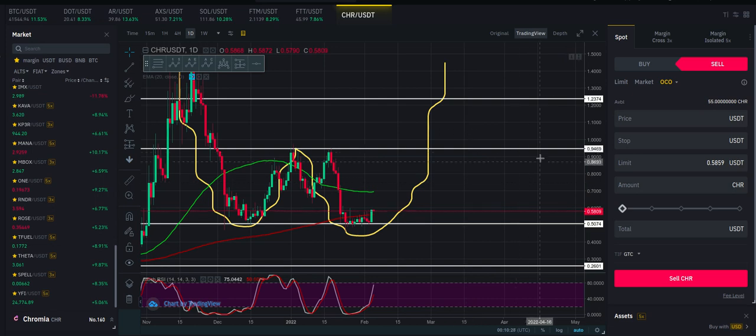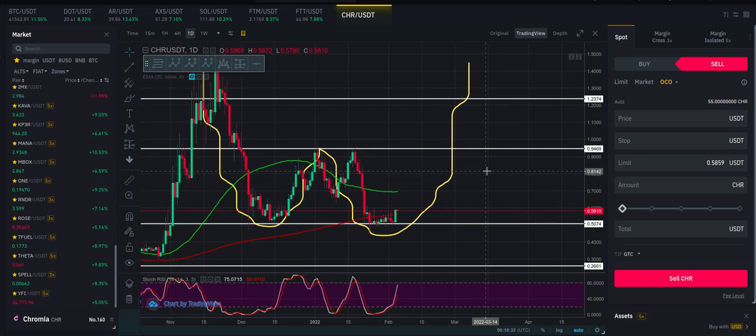Now, the first thing I want you to understand is that once you've bought a coin, for example, we are here on Chromium, CHR, and you decide to put your stop loss or your take profit.